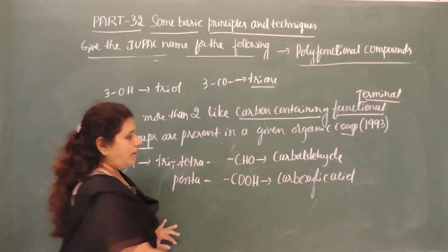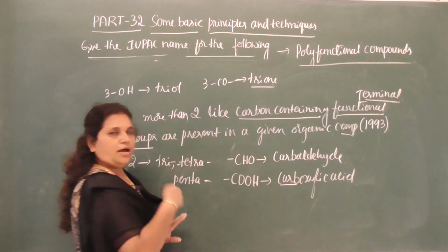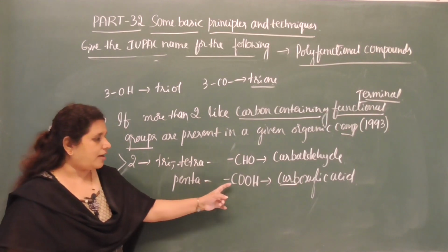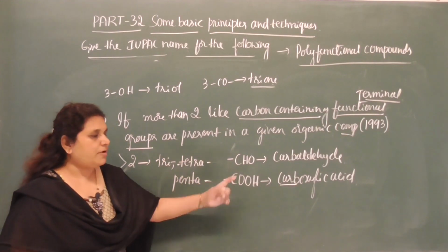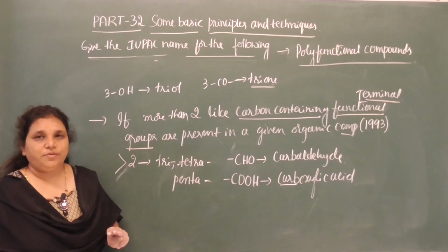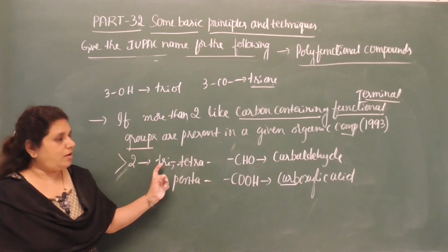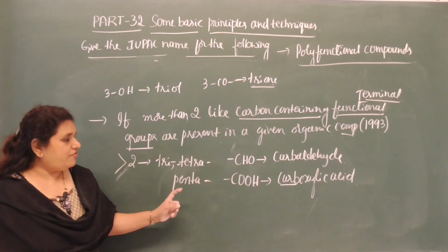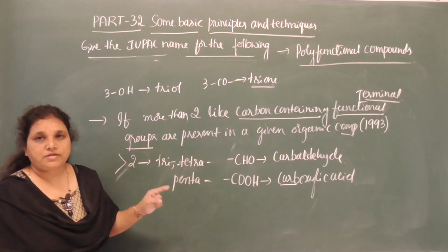In carboxylic acid, carb is already in the name, so we are not considering the carbon atom to the root word. If there are 3 COOH groups, tricarboxylic acid; 4, tetracarboxylic acid; 5, pentacarboxylic acid.